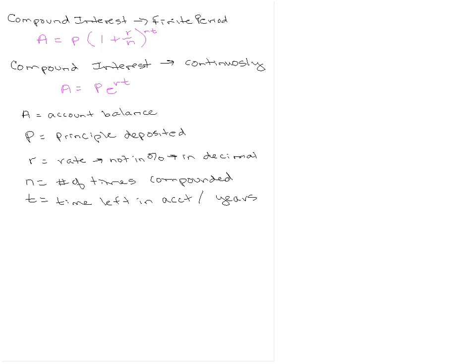Okay, with all that said, let's look at a problem that says, how much money will there be in an account at the end of 5 years, if $1,000 is deposited at 6% compounded quarterly.